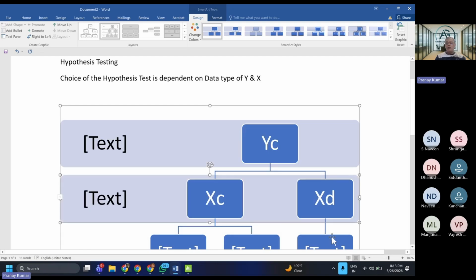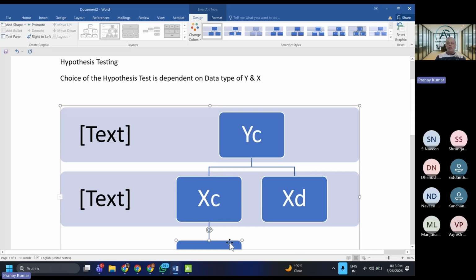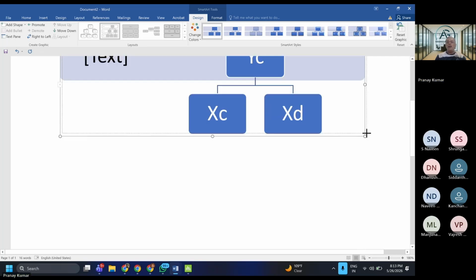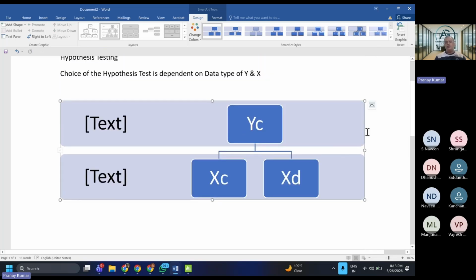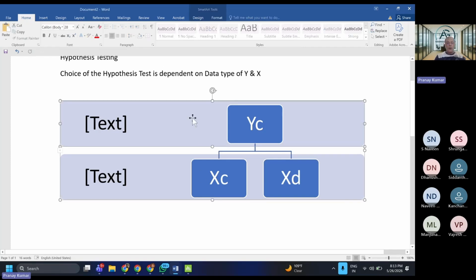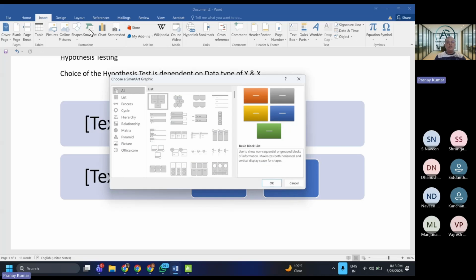Let's say I am doing a project on handling time, cycle time, something like that. So either the data that you've gathered for your factors is going to be continuous or discrete. There's no third possibility. Similarly, when you have your project Y as discrete data, you will have the same situation. Either your X could be continuous or your X could be discrete data.